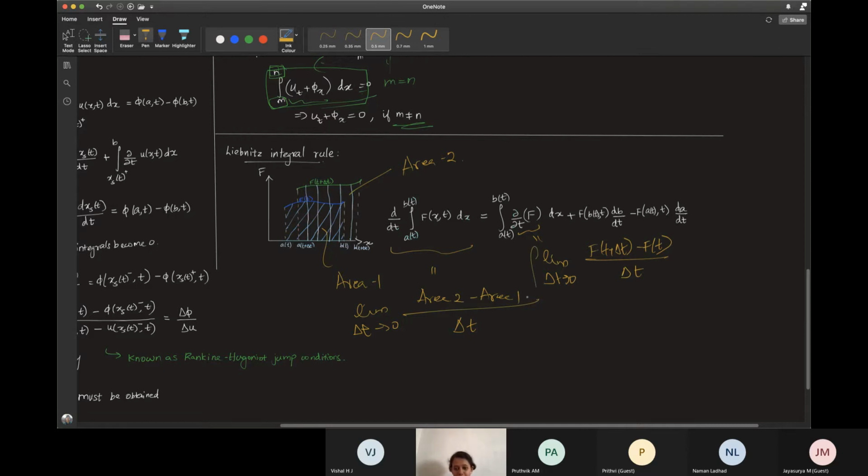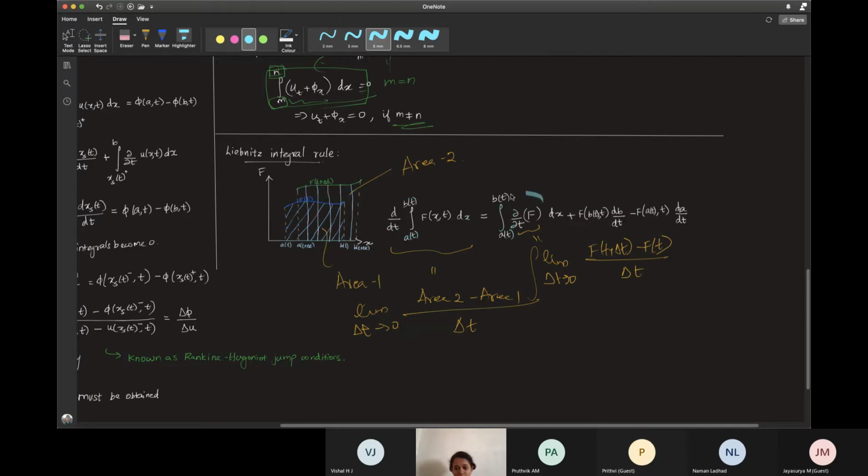When you integrate that, you will be having this area alone. But you are integrating it within limits a of t and b of t, so you will actually be taking this quantity.